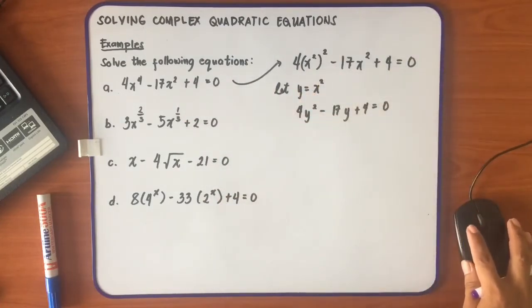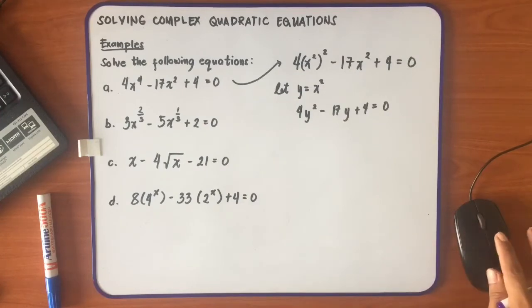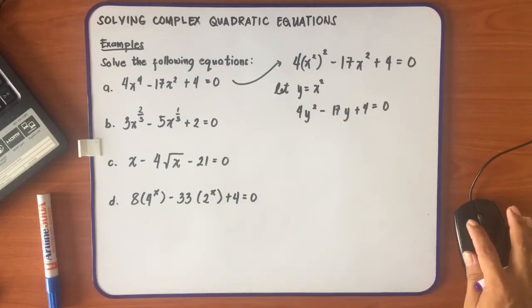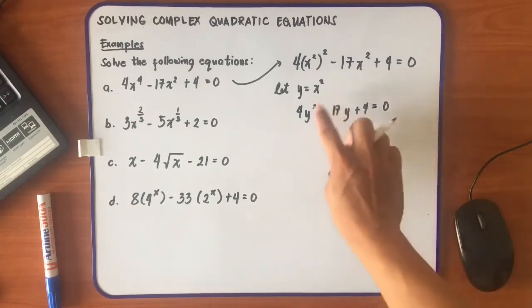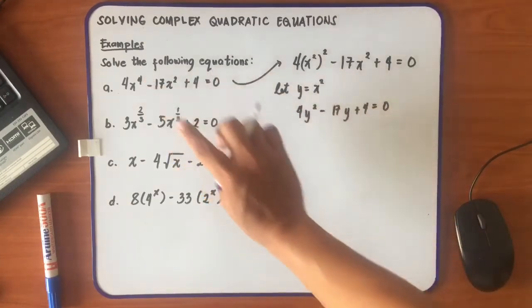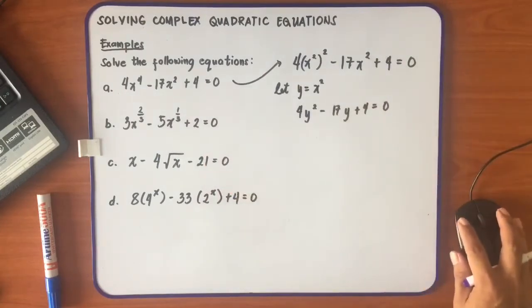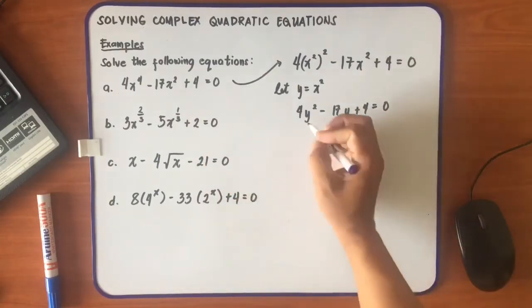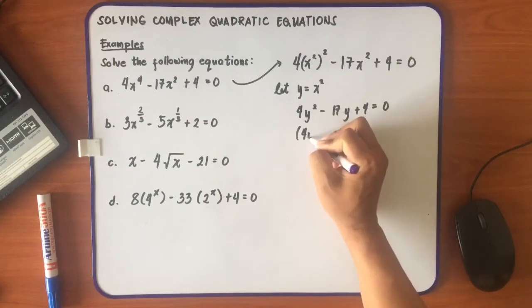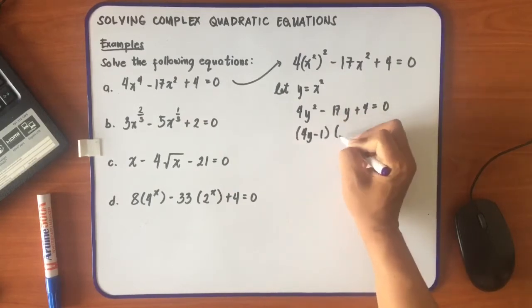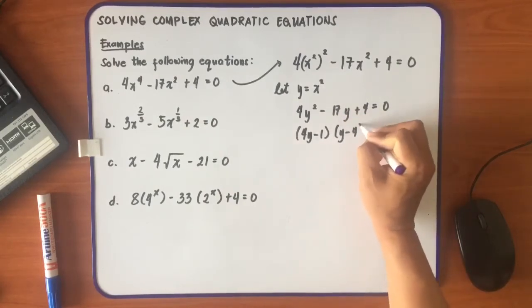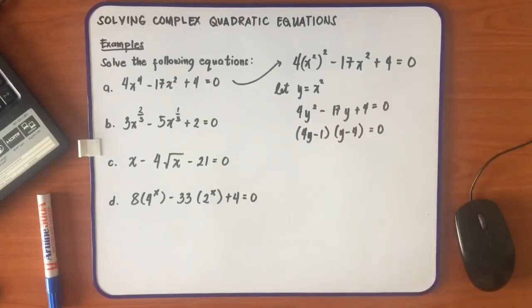After that, we will now be using factorization to get the values of y. But remember, we are not solving for y, we are solving for x. Okay? So let's factorize this one. 4y minus 1 and y minus 4 is equal to 0.